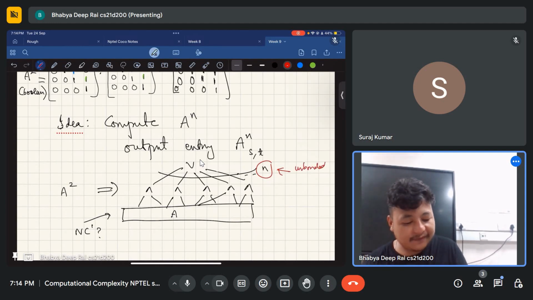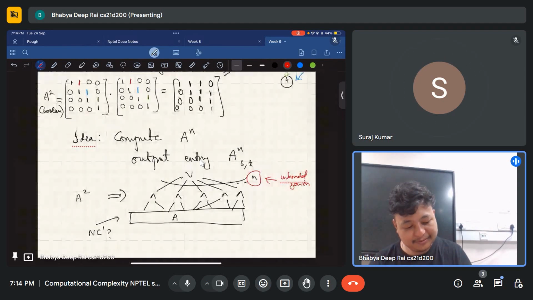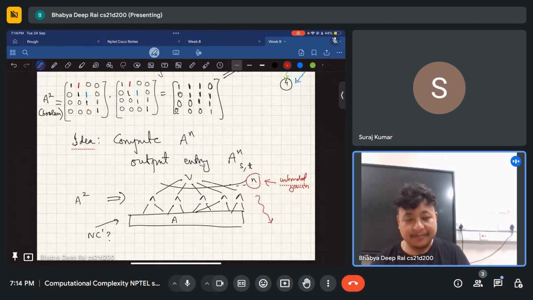Unbounded fan-in. Now what do you need to do? You need to convert it into a bounded fan-in circuit, right? So on converting, what is the problem that happens when you convert it to a bounded fan-in?